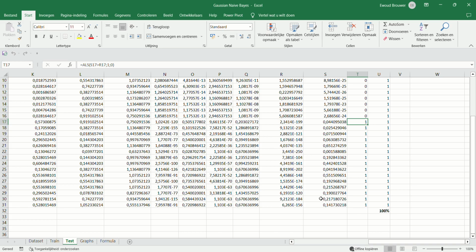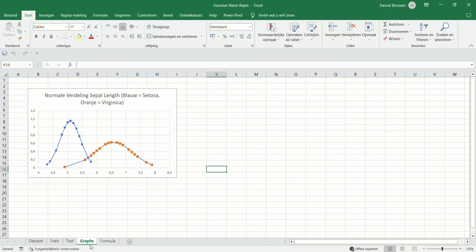What's important to keep in mind is that we are using the normal density function, and if we plot that function in a graph, we will be able to see the classification in the graph. I did that for sepal length. So we have two functions, one for 0 and one for 1, so one for Setosa and one for Virginica.